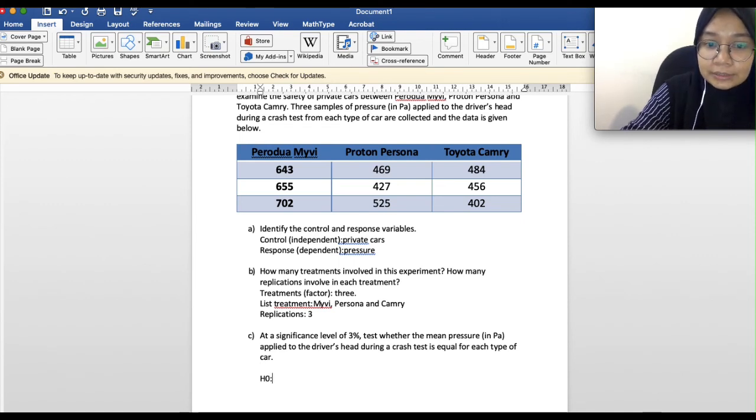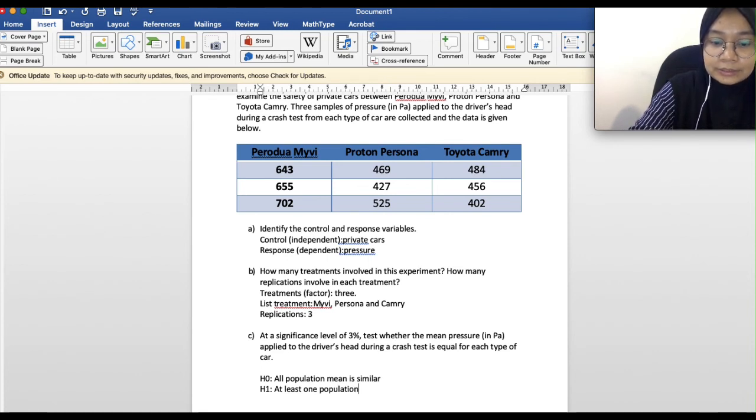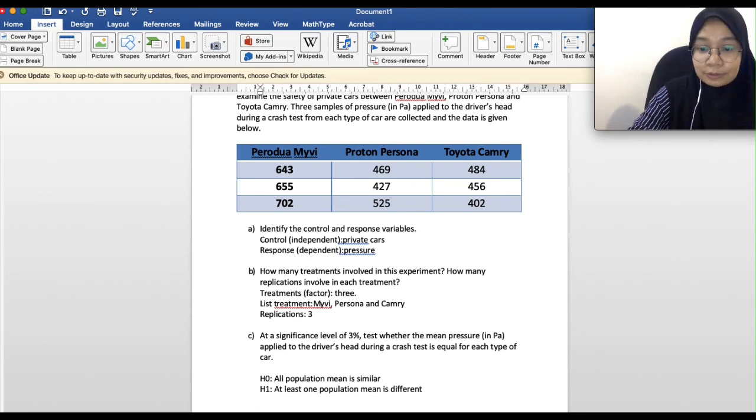So the H null is all population means are similar. So the H1 is the alternative. At least one population mean is different.